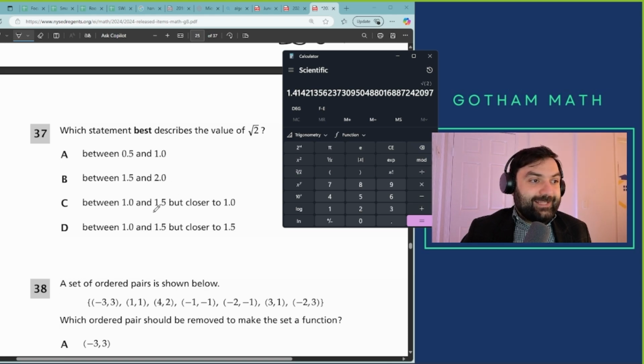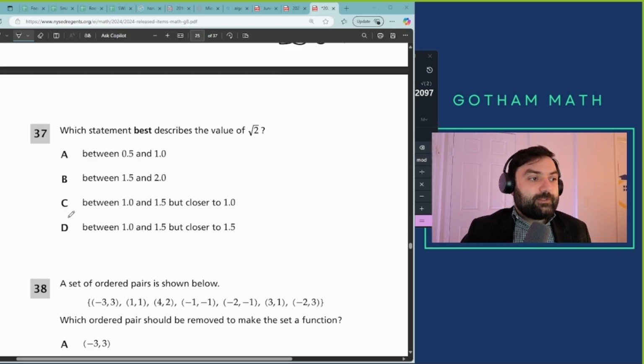Between 1 and 1.5, but closer to 1, that's not true. Between 1 and 1.5, but closer to 1.5. Yes, it's very close to 1.5 because it's 1.4. That's the whole thing. It's D. Just by using a calculator, we can literally get the answer.